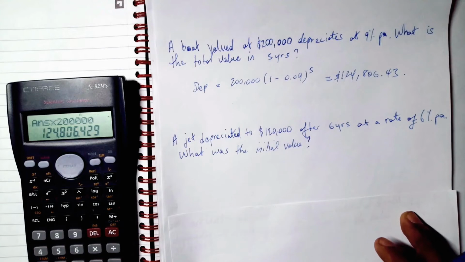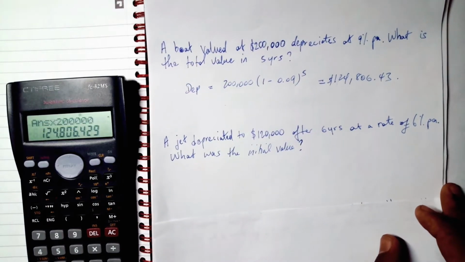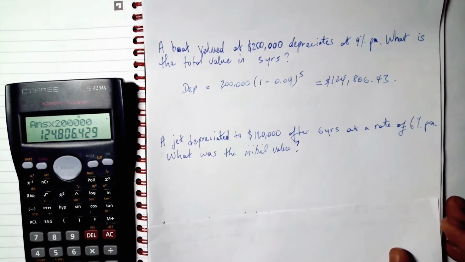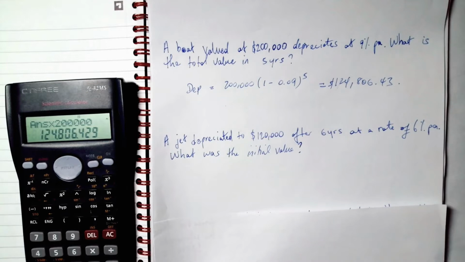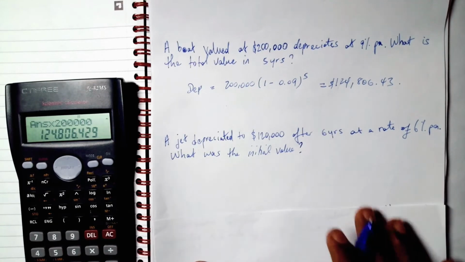A jet depreciated to $120,000 after 6 years at a rate of 6% per annum. What was the initial value? We've done a few of these with appreciation.